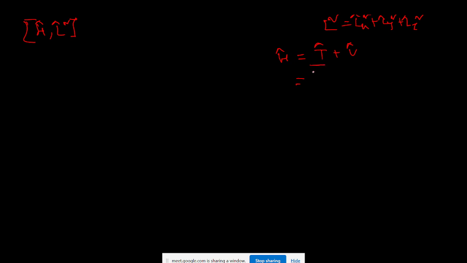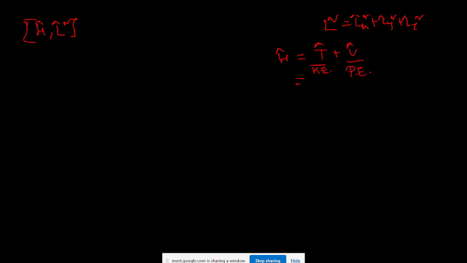Now if we do it for H and L square, L square is nothing but Lx square plus Ly square plus Lz square. If you see the expression of H, it will be T plus V, where T is the kinetic energy part and V is the potential energy part.